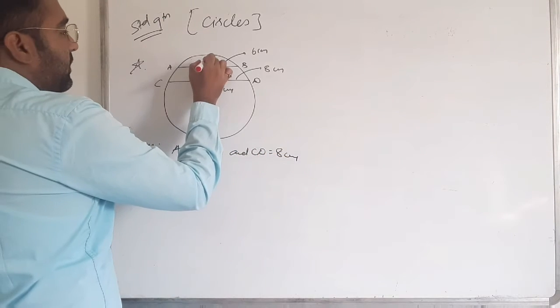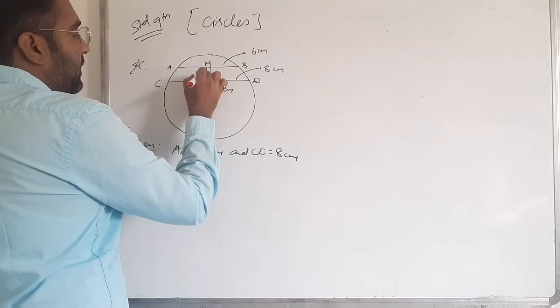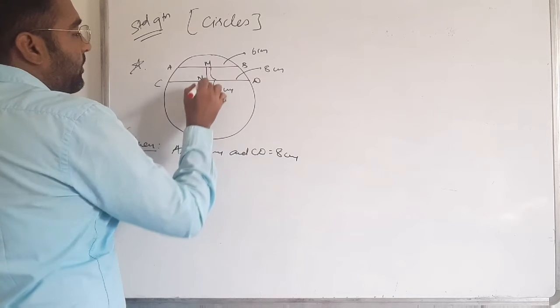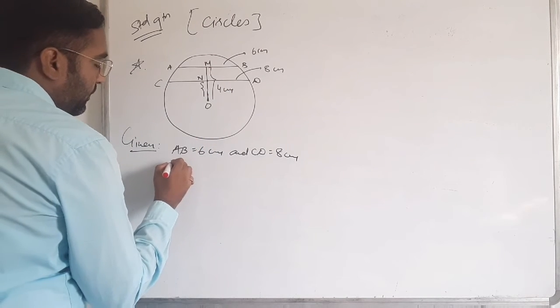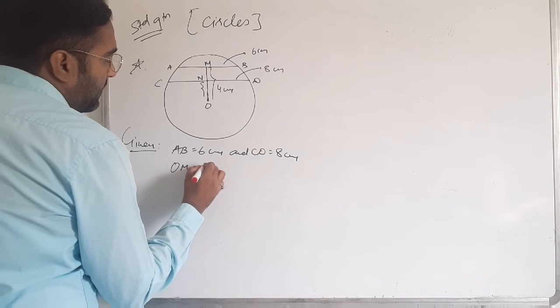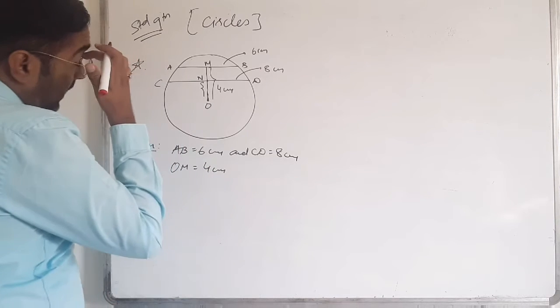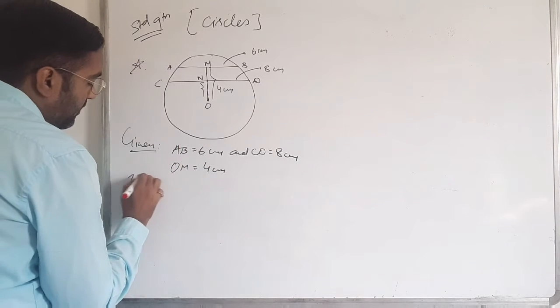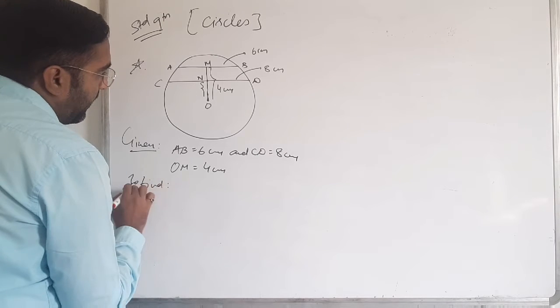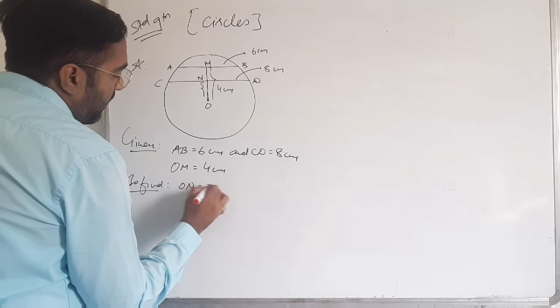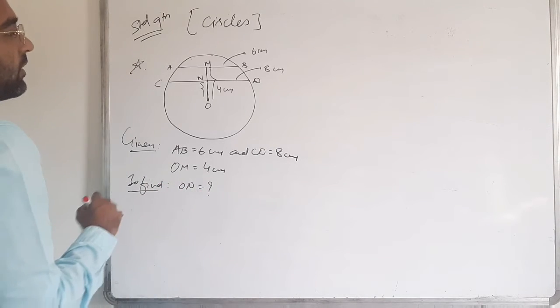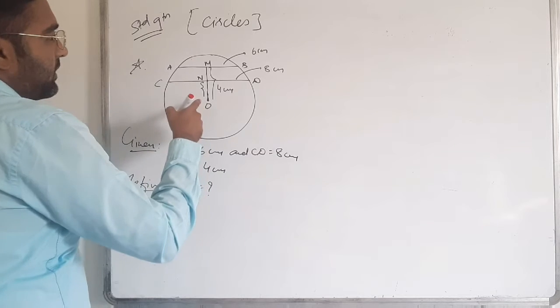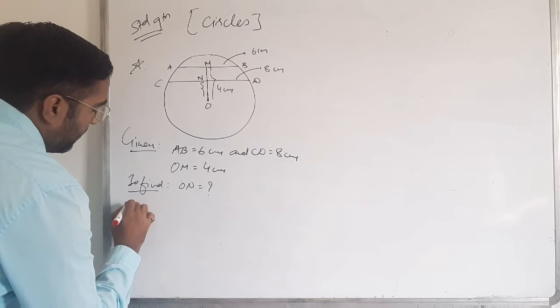Second thing, I'll name the points M and N where the perpendiculars intersect. OM is equal to 4 centimeter, given, and I need to find ON.